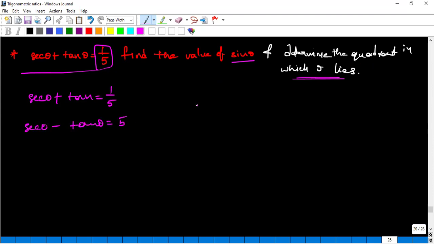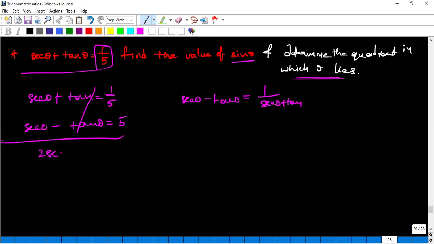It will be obviously 5, because secant theta minus tan theta is equals to 1 by secant theta plus tan theta. So if you add these two, you will get 2 secant theta is equals to 1 by 5 plus 5. 5 5s are 25, 26 by 5. 2 secant theta is equals to 26 by 5. 2 ones, 2 13s. So you will get secant theta as 13 by 5.